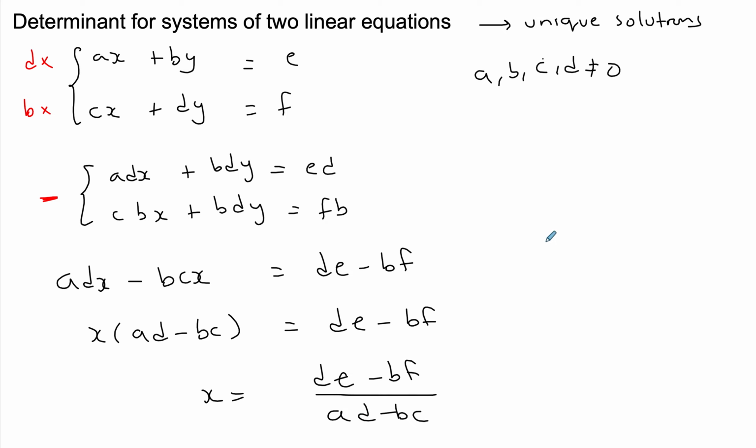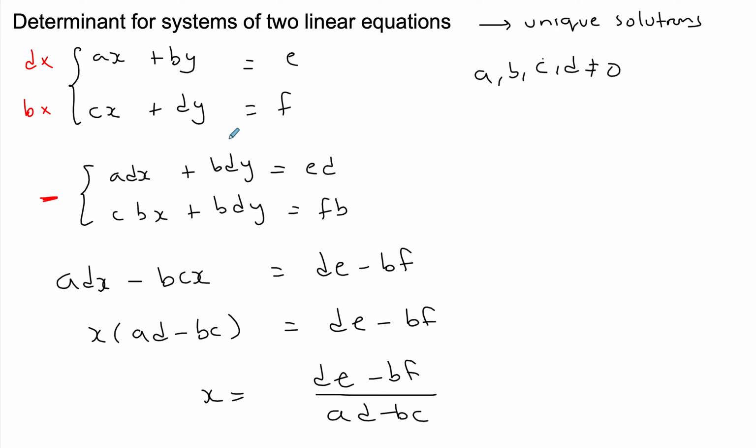Overall, if you have a general equation and you want to solve for x, all you have to do is take d multiplied by e, minus b multiplied by f, and then divide it by a multiplied by d minus b multiplied by c.